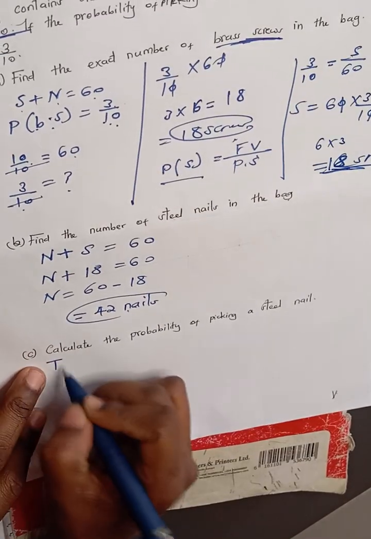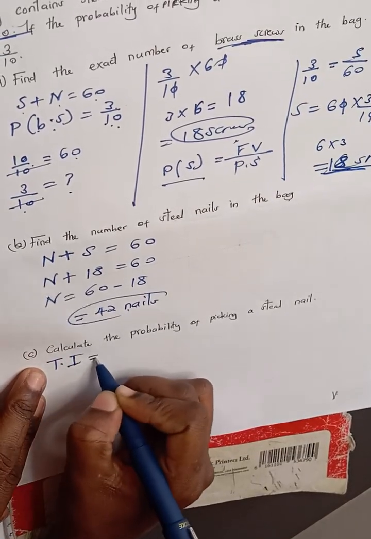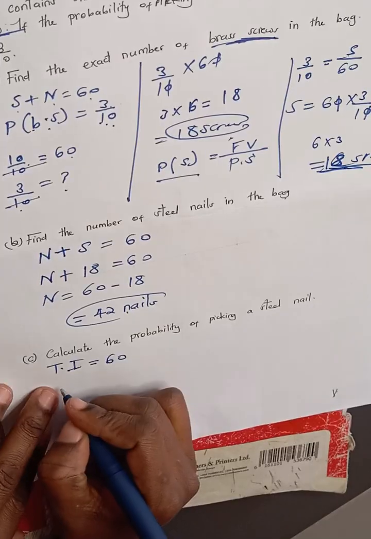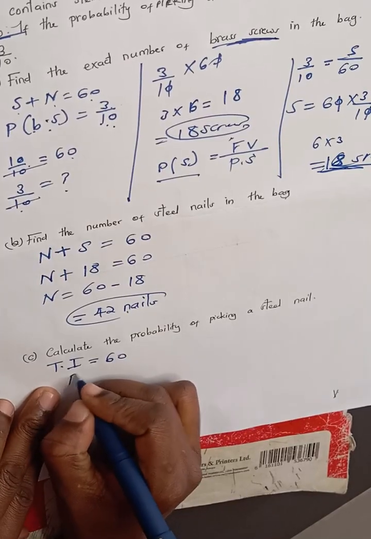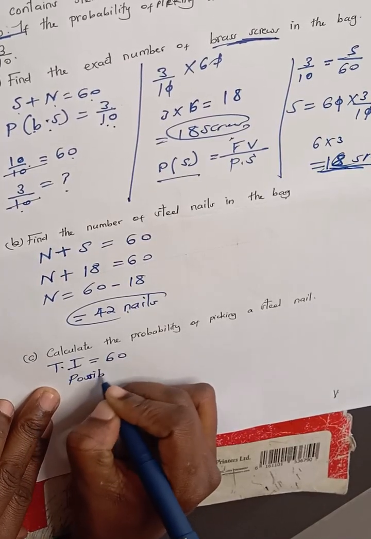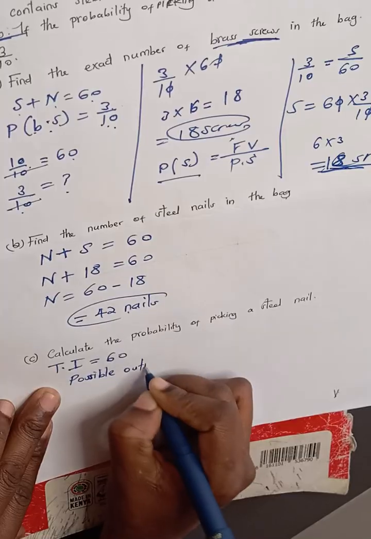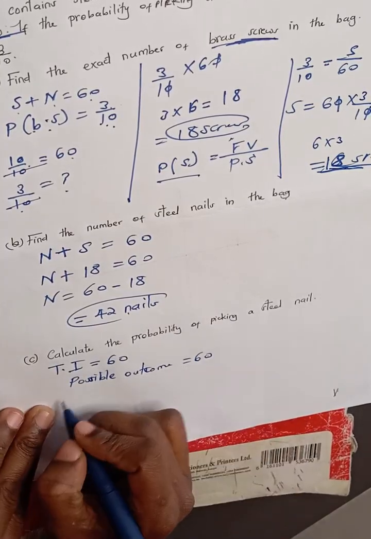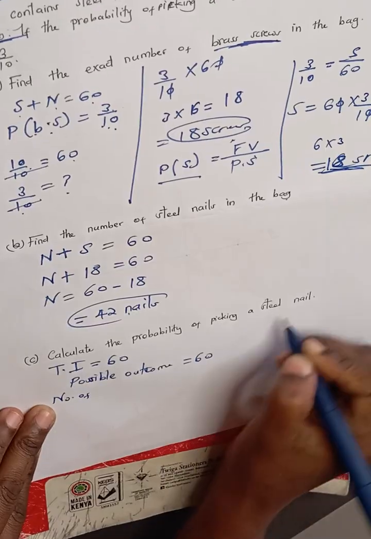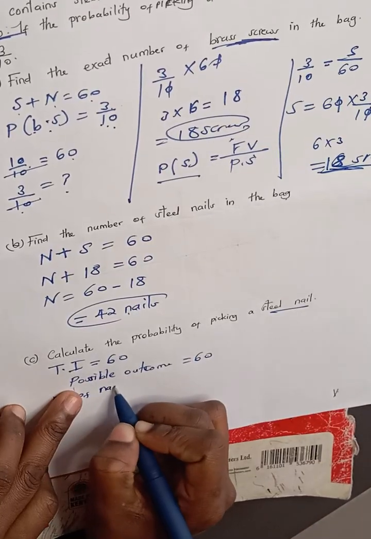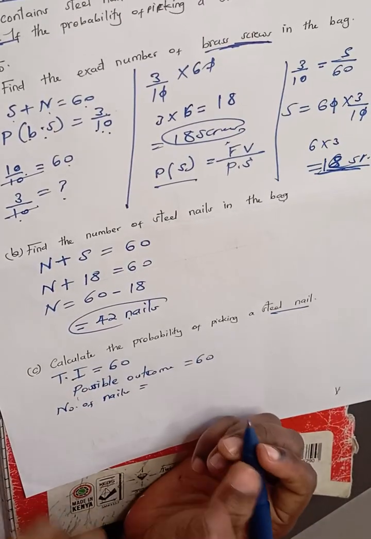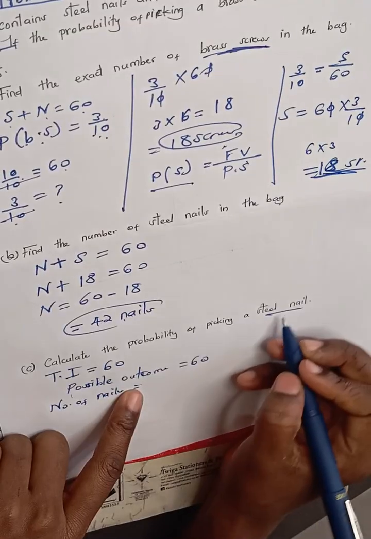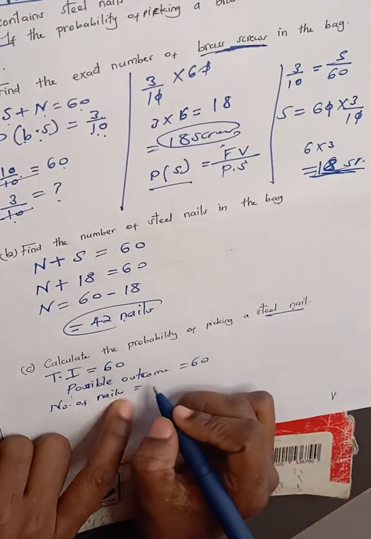Now on part C, calculate the probability of picking a steel nail. Since we know the total number of items is 60, that means all possible outcomes is equal to 60. The number of steel nails is 42.